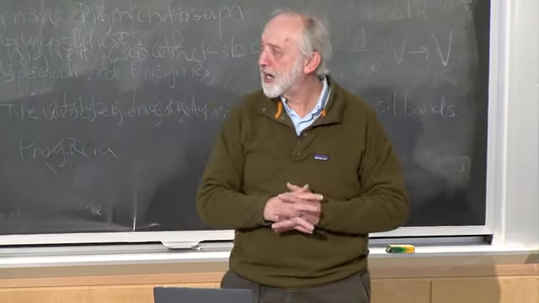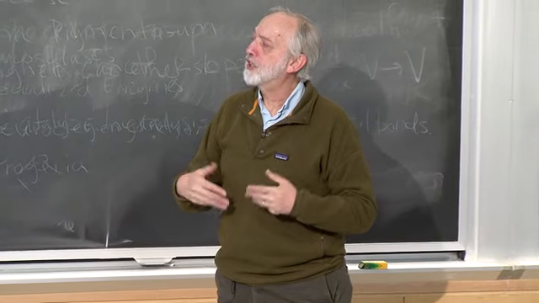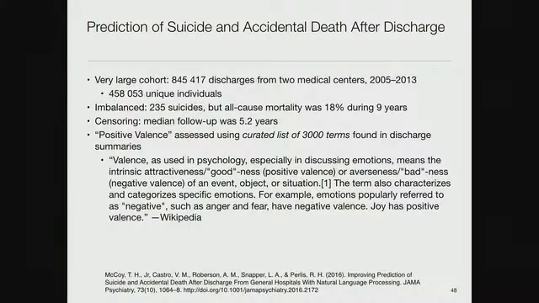The same group of psychiatrists that we worked with also did a study with a much larger cohort, but much less rich data. They got all of the discharges from 2 medical centers over a period of 12 years. So they had 845,000 discharges from 458,000 unique individuals, and they were looking for suicide or other causes of death in these patients to see if they could predict whether somebody is likely to try to harm themselves or whether they're likely to die accidentally, which sometimes can't be distinguished from suicide.